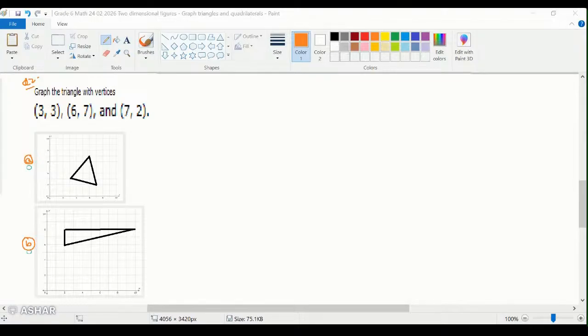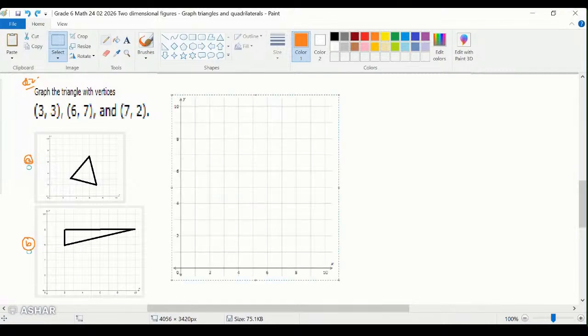Let's draw the options on a graph paper. This was our question number 2, right? Okay, let's see what are the possibilities for question number 2.